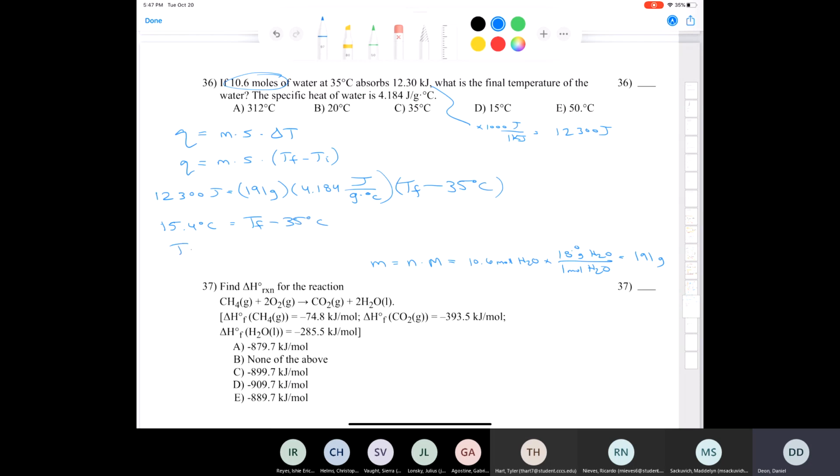So I get that my TF is equal to 15.4 plus 35. So it's going to be 50 degrees Celsius. And there's the answer, 50 degrees Celsius for that one.